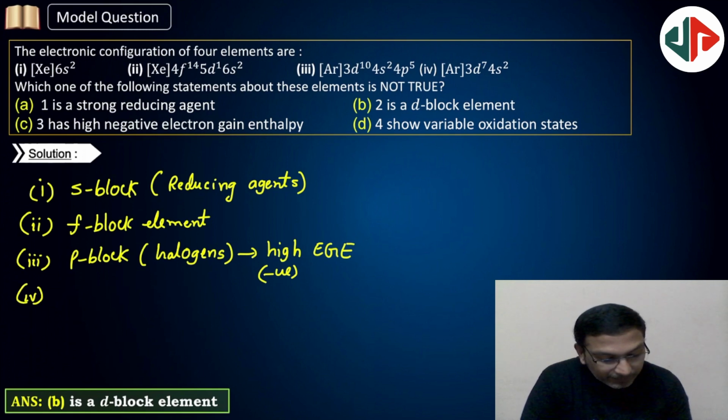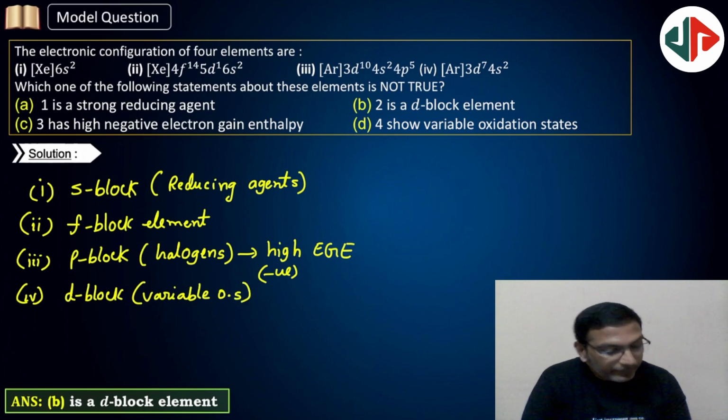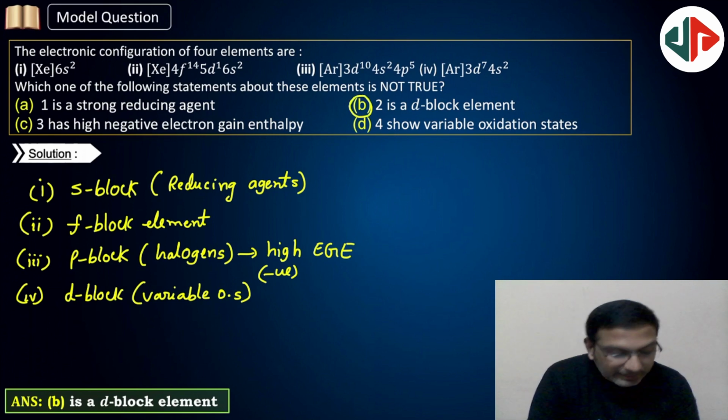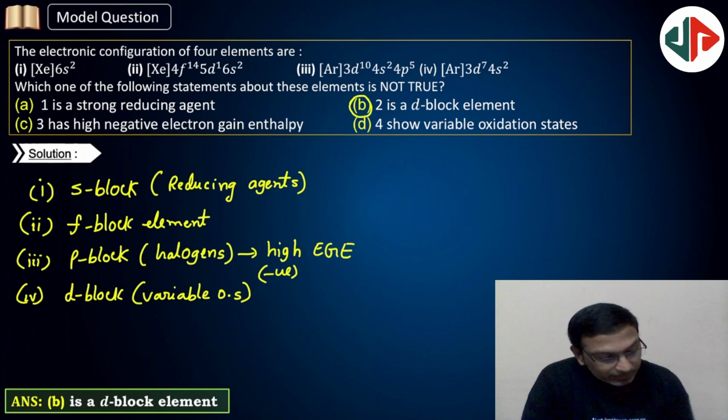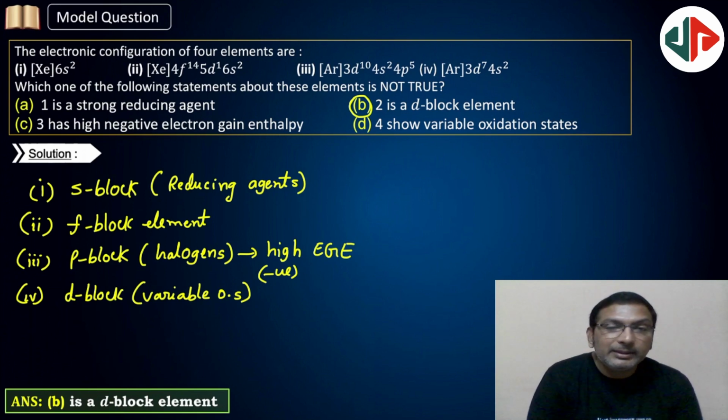Next, the fourth option, d block, can show variable oxidation states. Here which is wrong? The second one, option B, because here a d block element is given, not the last element of f block. Simple question only, a theoretical question. Next one.